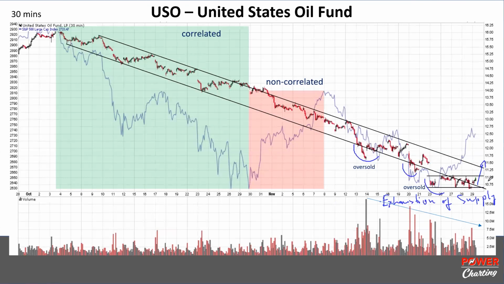Now we're back into the channel, and very well could be seeing a change of character where if we can get this crude oil rally going that takes us to the top of the channel and then out, we would call that a change of character. This is a really interesting structure.